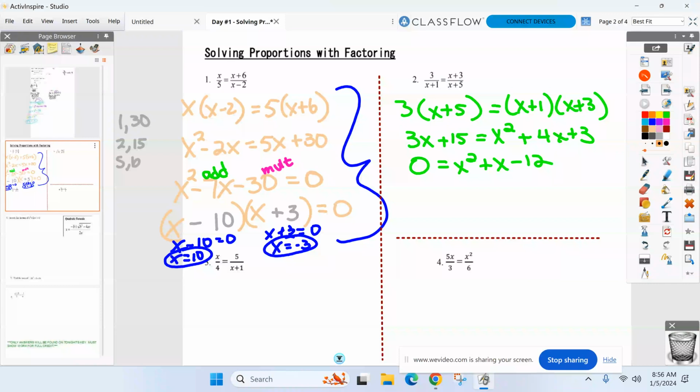So start going through your list of numbers that give you 12 and how many are 1 apart, right? Number 2.